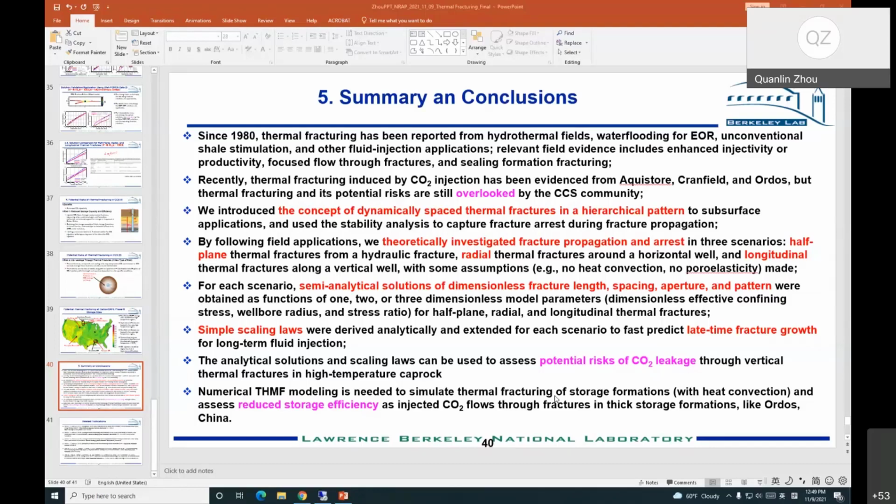In that case, the fracture should be longer. We didn't consider heat convection for that case. So in that case, maybe numerical simulation is the only way we can do the modeling.